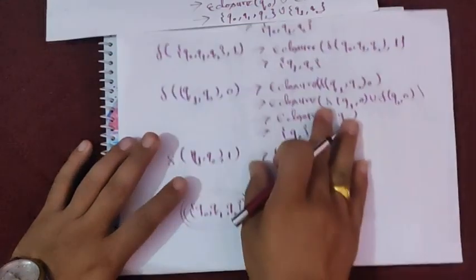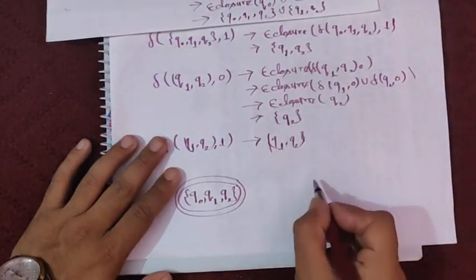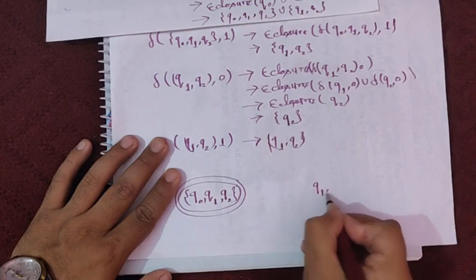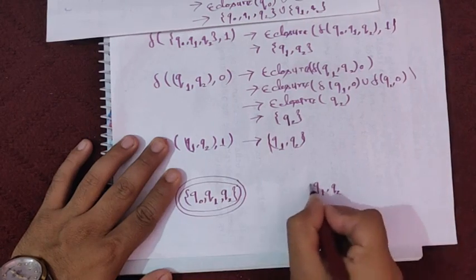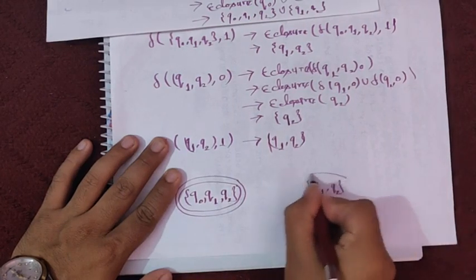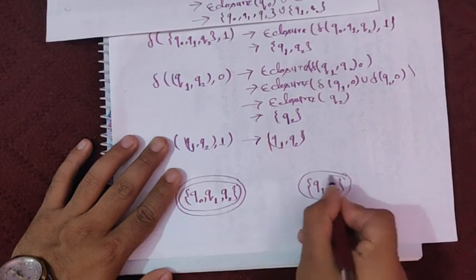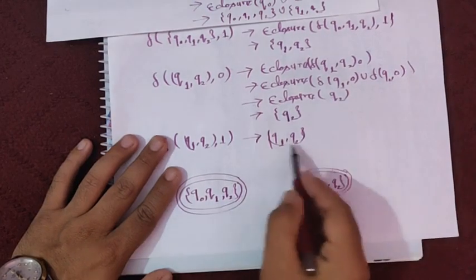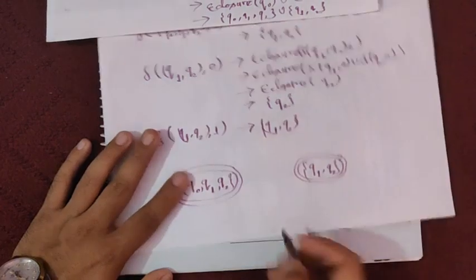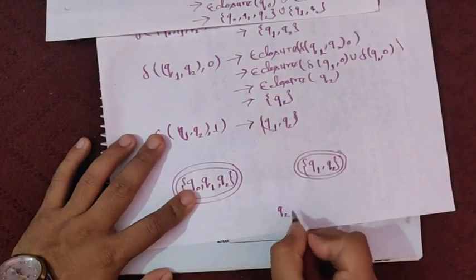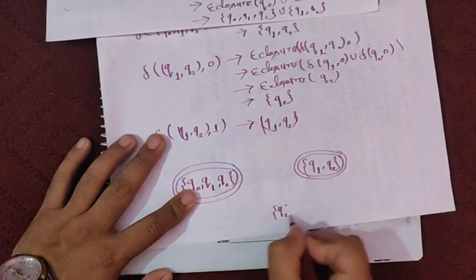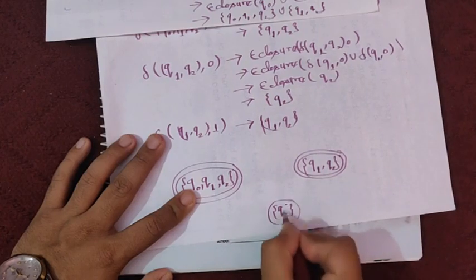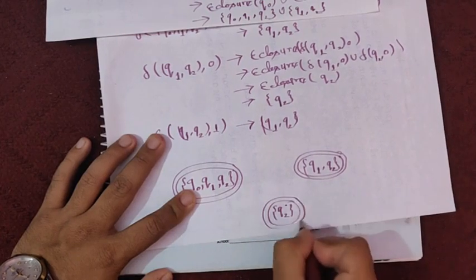Next we have got q1, q2. Since it contains q2, it is a final state. And the next state we have got is q2. Since it is the final state, this is also final.